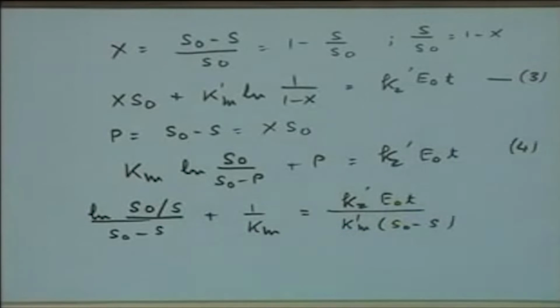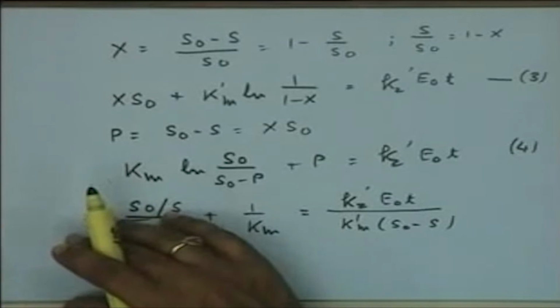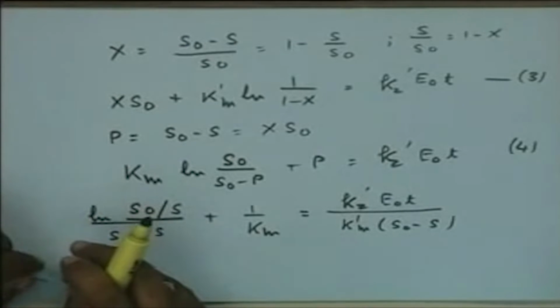Right, from equation 2, if you just simplify, you get a straight line equation which can give you the values of your Km and Vm.